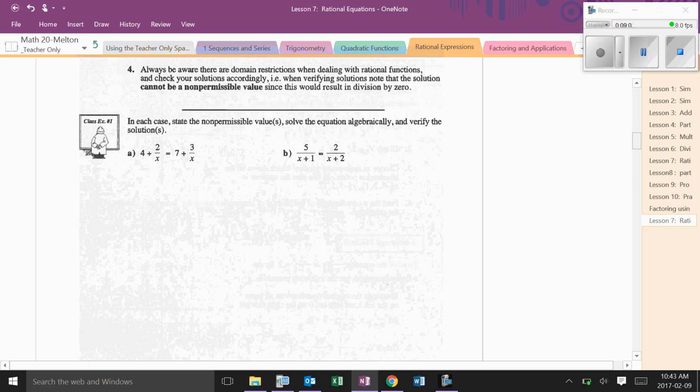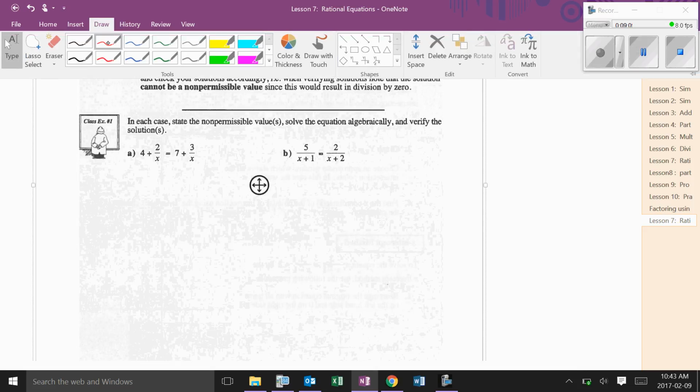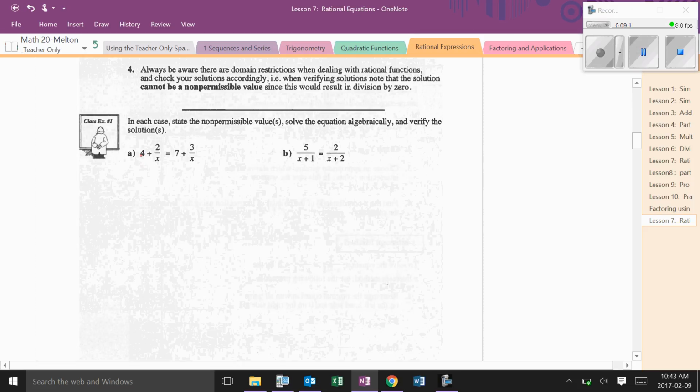Okay, so let's take a look here. So we've got 4 plus 2 over x is equal to 7 plus 3 over x. So our common denominator would be x. So I'm going to multiply each term by x. And so that will essentially give us 4x plus 2, because the x over x is just 1, is then equal to 7x plus 3.